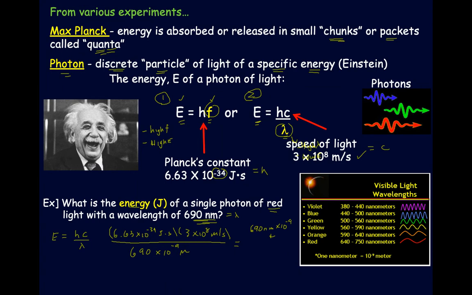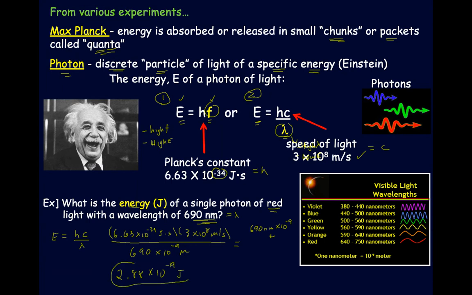Okay, we're going to times that by 3 times 10 to the 8th. Okay, and we'll divide that by 690 to the minus 9th. Okay, and I'm going to get 2.88 times 10 to the minus 19th joules.